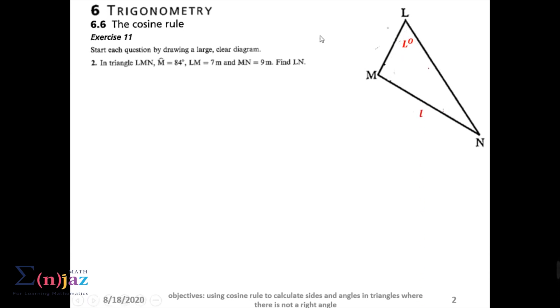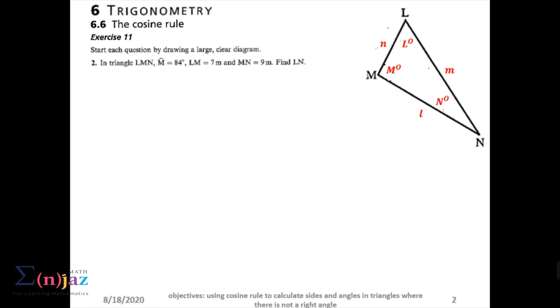LM. So this is angle M. The side that is right across from angle M is called M small. And this angle here is called N capital. The side that is right across from angle N capital is going to be named N small.